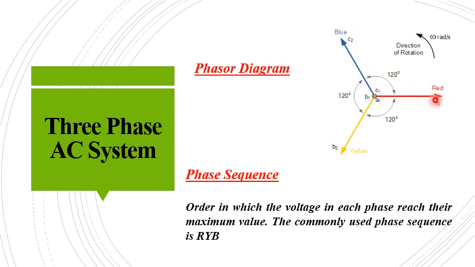When they rotate anti-clockwise, first the R phasor reaches the maximum value, then the Y phasor, and after that the B phasor. Hence, the phase sequence in this case is RYB. That is the order in which the voltage in each phase reaches its maximum value.